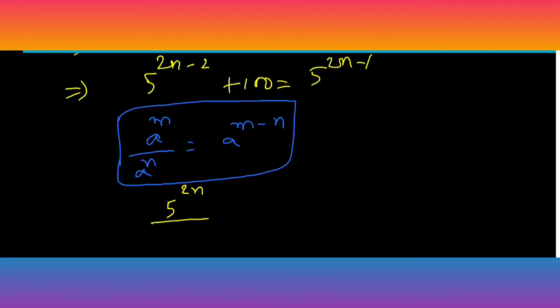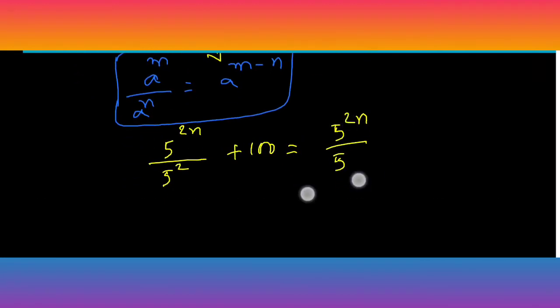So this is in the form of 5 to the power of 2n minus 2, in the form of a to the power of m minus n. We have to write this in the form of a to the power of m by a to the power of n. A to the power of n means 5 square. Okay, plus 100 is equal to, this is also 5 to the power of 2n upon 5 to the power of 1. 5 to the power of 1 means 5.